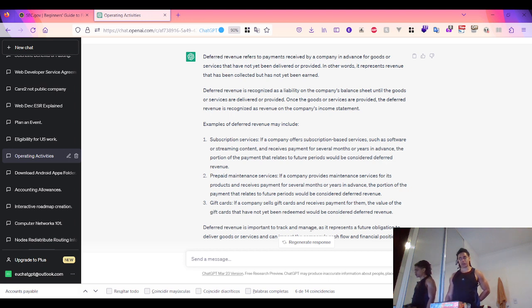Once the goods or service are provided, then you recognize that as revenue on the company income statement.